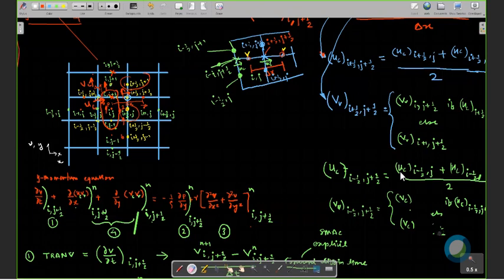Please be careful about this ij, because you will have to make this figure proper, otherwise it will create confusion. This is i minus 1, j plus half, right? And this should be i comma j plus half, isn't it? i minus 1, j plus half.